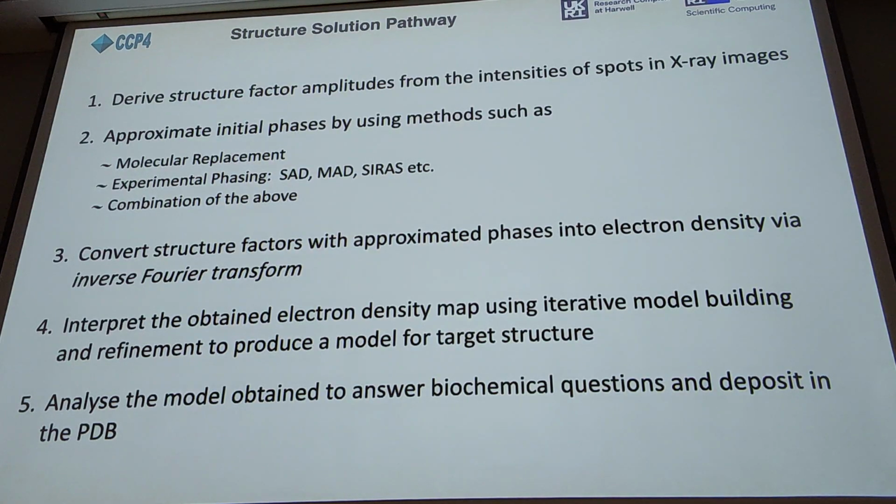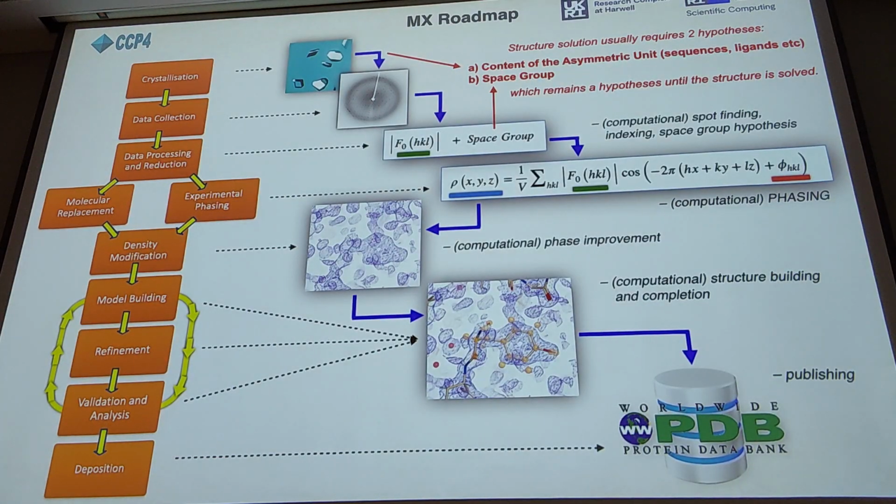We want to convert those approximate phases into better phases by model building, and we want to then interpret the remainder of the map to get better phases, etc., and cycle round and round until we think the referees will not reject what we put in. We don't care about the PDB, they'll accept any old rubbish, but we want our paper published at the end. Okay, so that is the structural solution process as a sort of diagram.